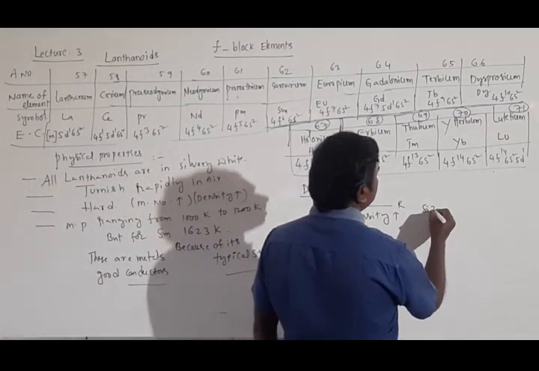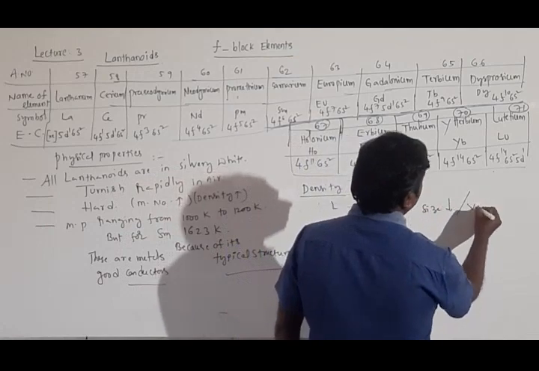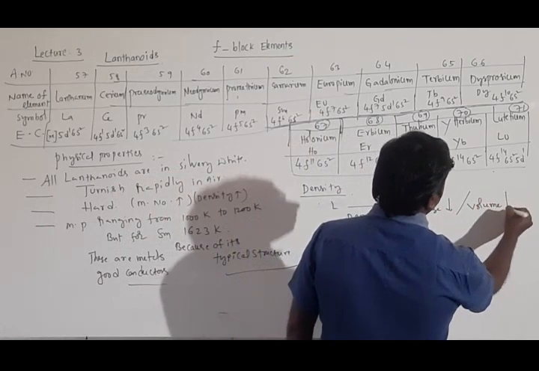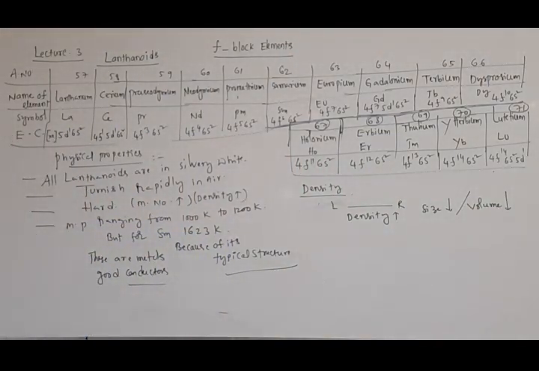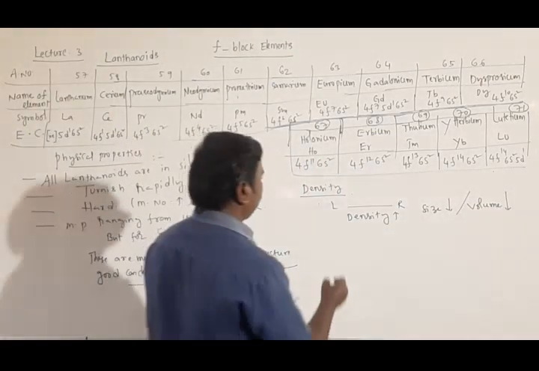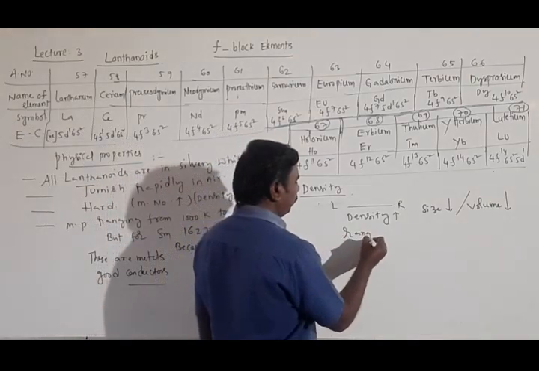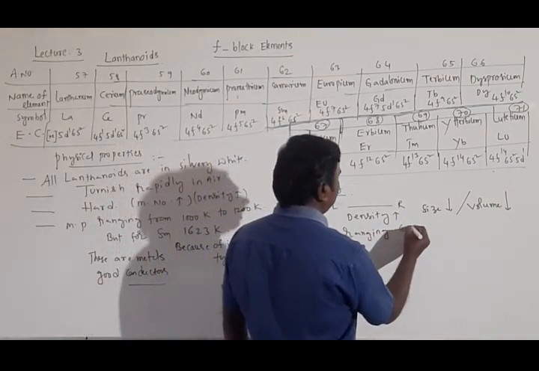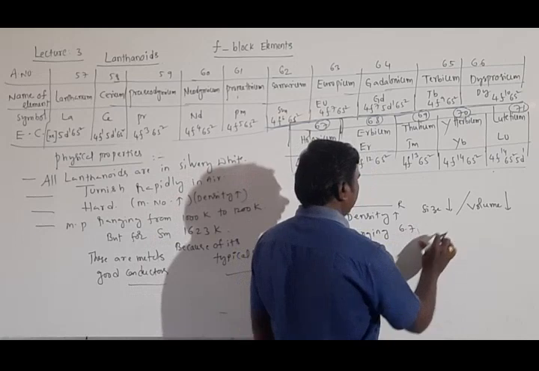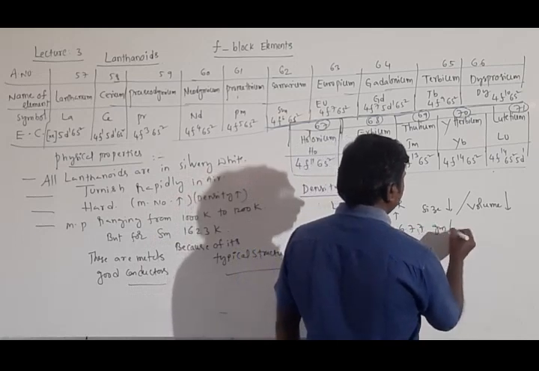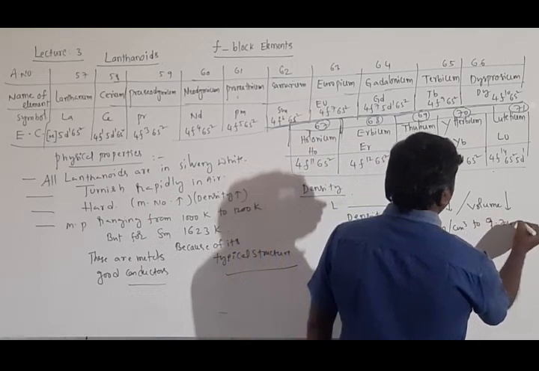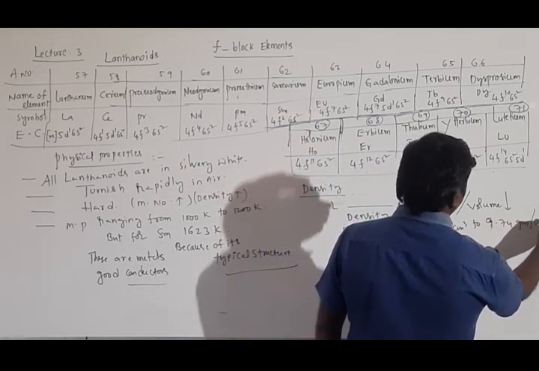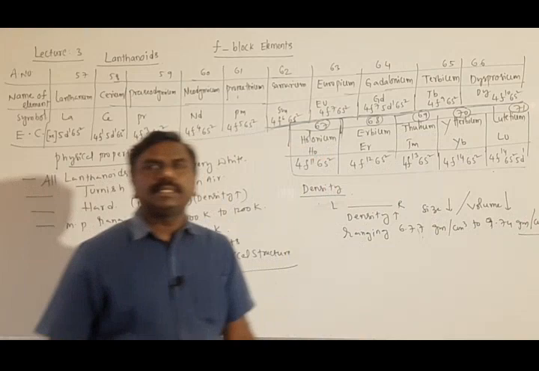So size decreases, nothing but volume decreases, hence density will increase, ranging from 6.77 to 9.74 gram per centimeter cube. Okay, this is density.